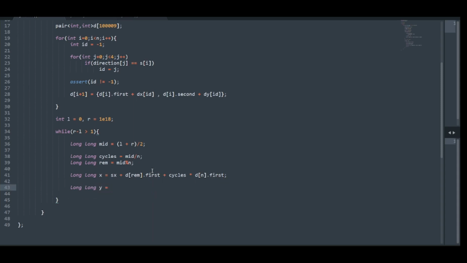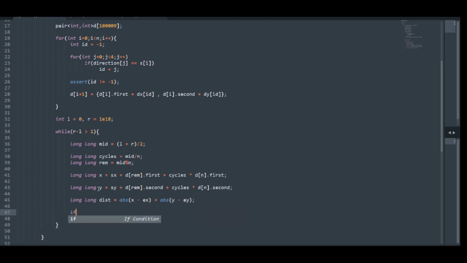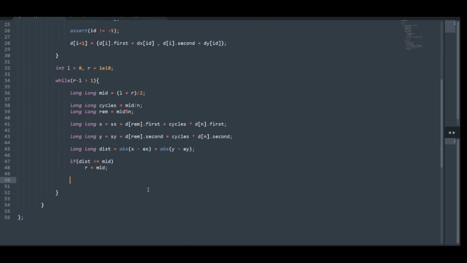In the same fashion we would take sy plus d rem dot second plus cycles multiplied by d n dot second. Okay, the Manhattan distance, the remaining Manhattan distance, let's call it dist. It would be nothing but absolute of x minus the ending x plus absolute of y minus the ending y. Check if this distance is less than or equal to mid. If it is, reinitialize the range to the left half, otherwise to the right half.